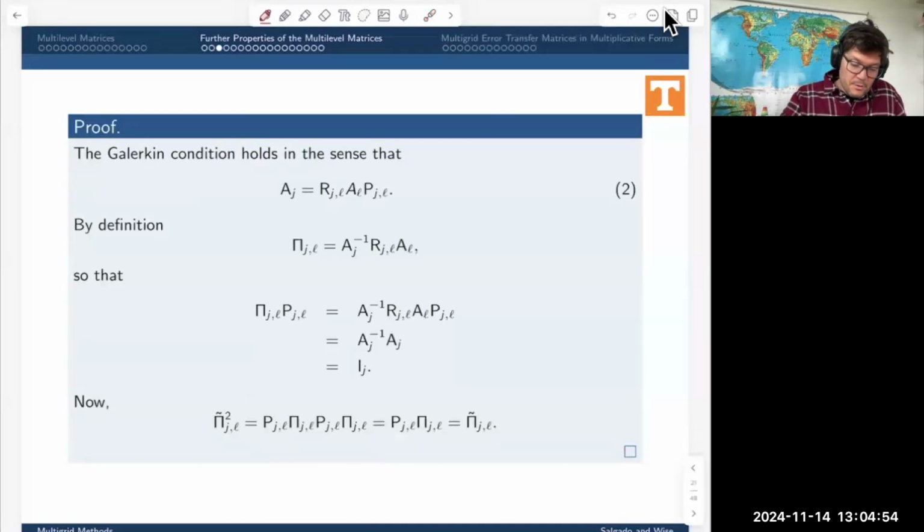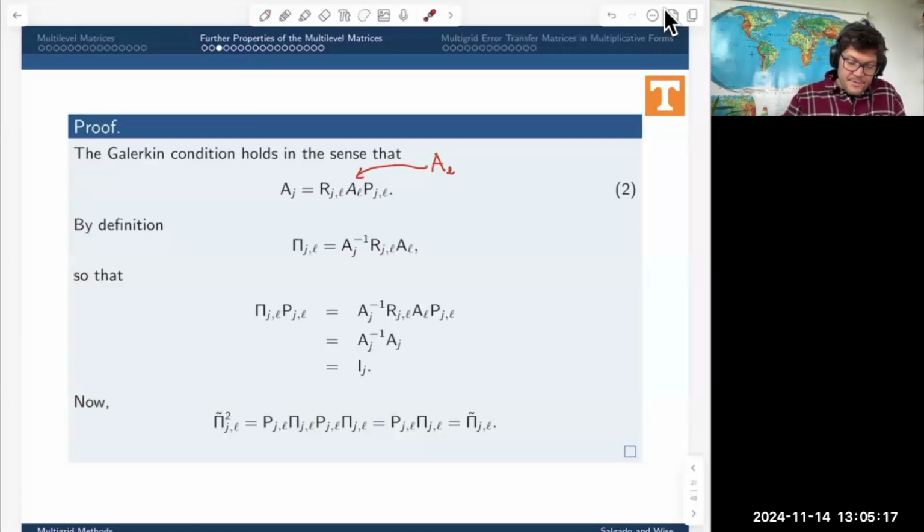This is a typo here: the symbol's wrong, but the idea is correct. This should be AL. It just has the wrong symbol attached to it.